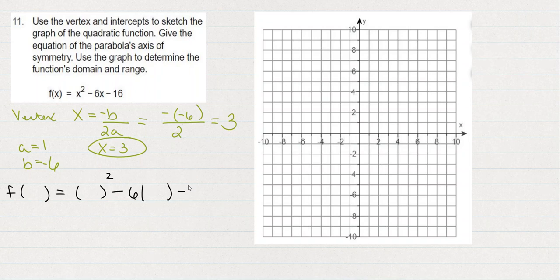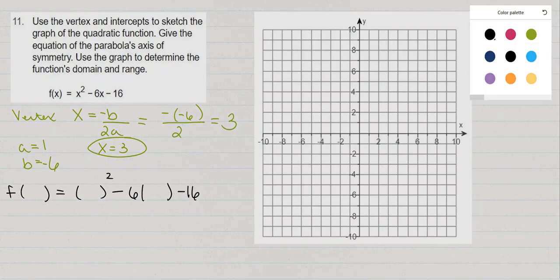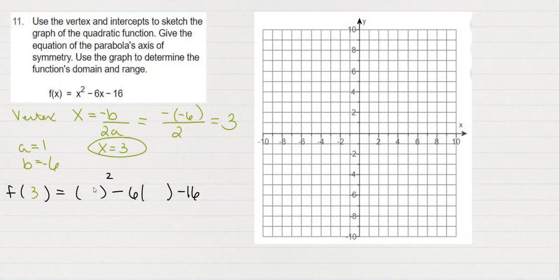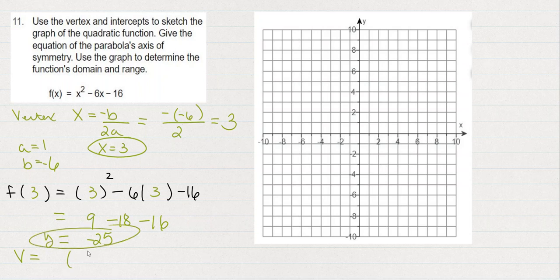To find the y-coordinate, I can find f of 3, which is x squared minus 6 times x minus 16. So plugging in that 3, f of 3 is going to be 9 minus 18 minus 16, or -25. So it looks like our vertex is x is 3, y is -25.